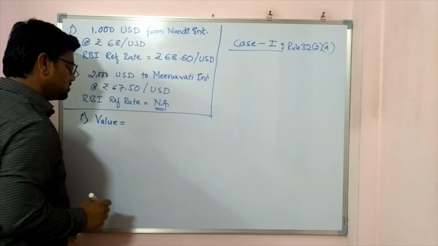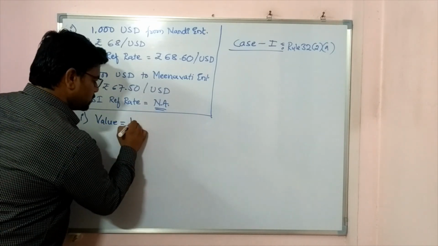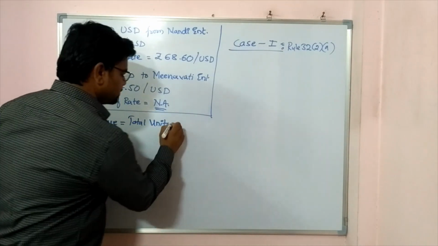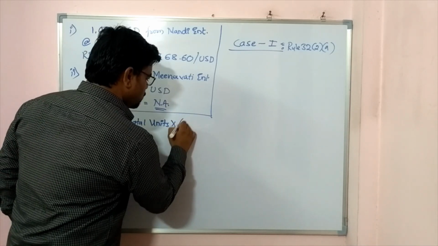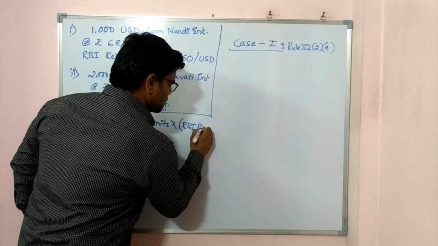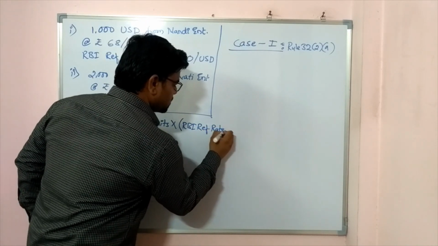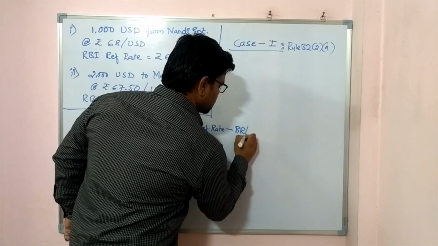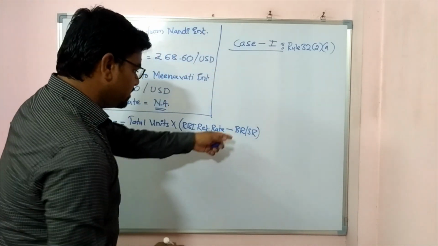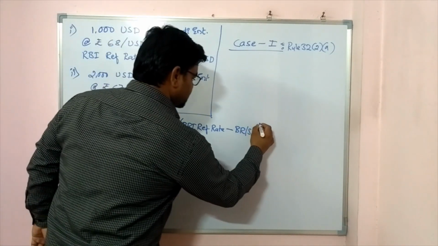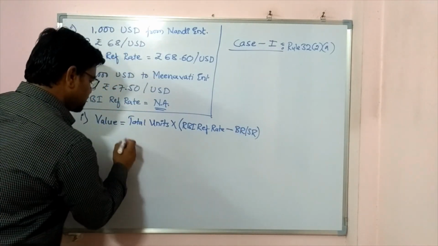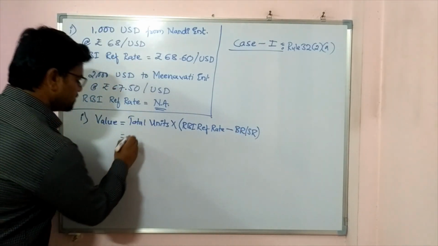If you remember the chart, value will be equal to total units into RBI reference rate minus buying rate or selling rate, whichever is available, right? So in this question buying rate is available, right? That is what we are going to take. I am not making any square brackets here because this is the only one that I am going to solve.